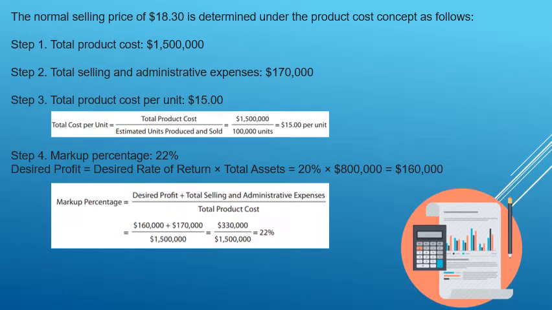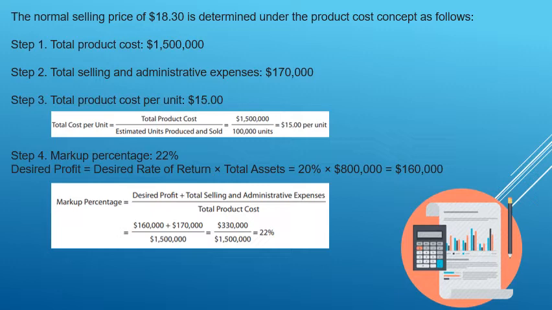So by applying the steps I've mentioned earlier, the normal selling price is $18.30. So for the first step, the total product cost amounting to $1.5 million, and the second step is the total selling and administrative expenses that was already given in the data, which is $170,000. And the third step is the total product cost per unit, which is $15.